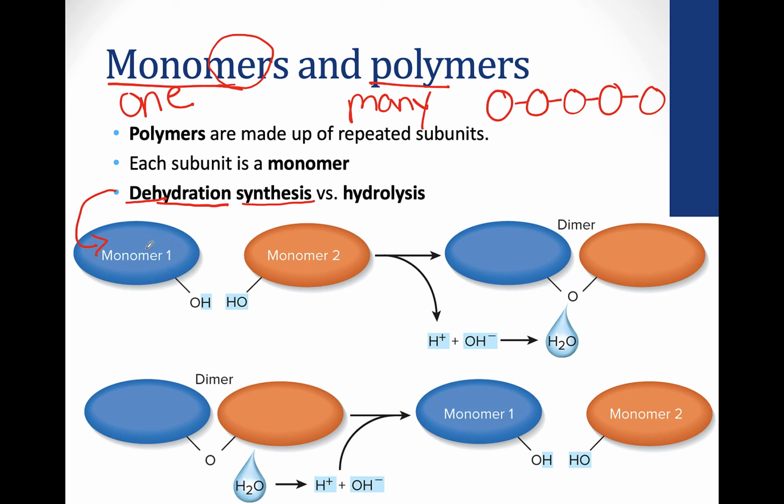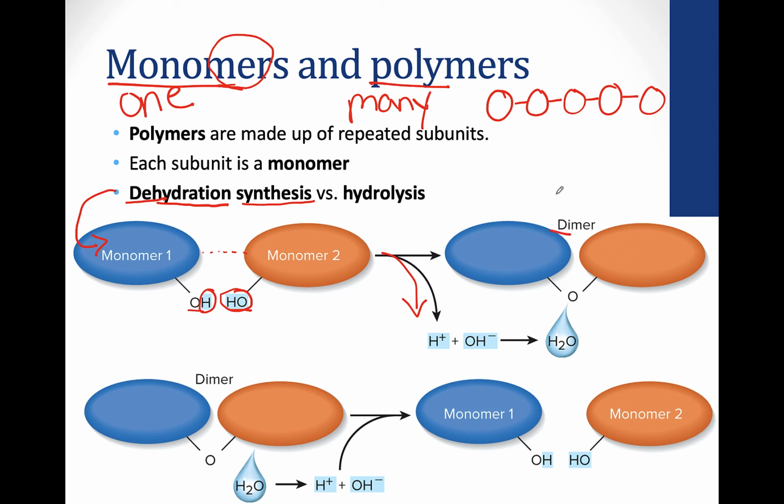So dehydration synthesis is right here. We have monomer 1 here in blue and monomer 2 here in orange. Look, here are some functional groups sticking off the ends of these monomers. To join these 2 together, I want to make a bond here. We're going to take a hydrogen from one and an OH from another, and pull those out. That allows us to form this bond to make this dimer.